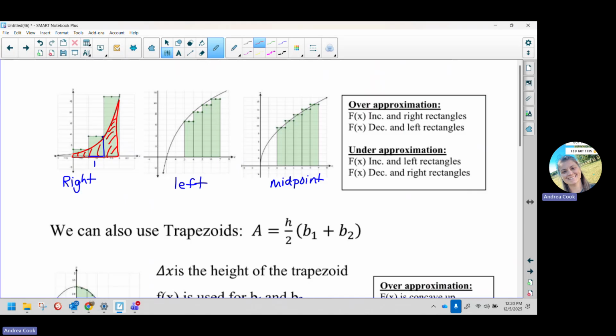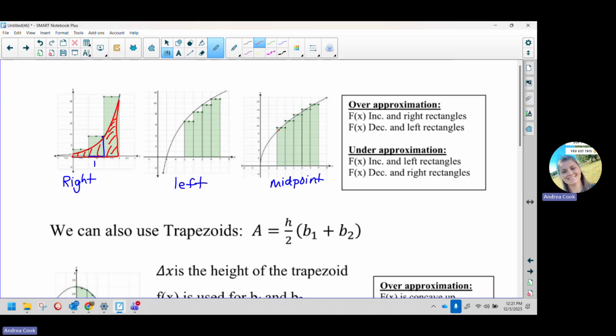This one, my function is increasing and it's using left rectangles. It's an underestimate. You see the little space. So the area of the rectangles is going to be a little bit less. Midpoint is almost perfect because this little piece over here and that empty space kind of fill in and are equal. So if you're doing midpoint rectangles, they're never going to ask you if it's an over or an underestimate.